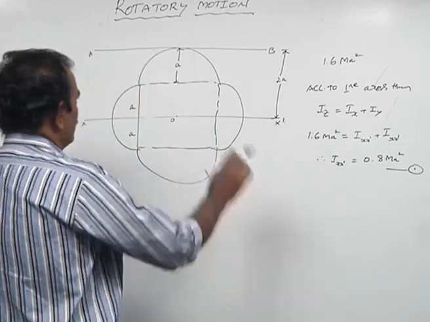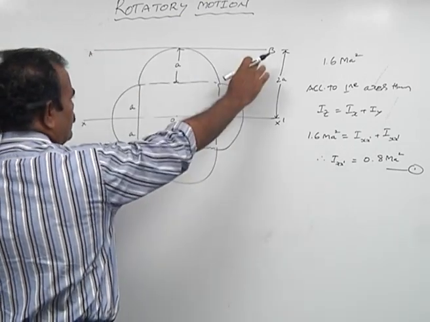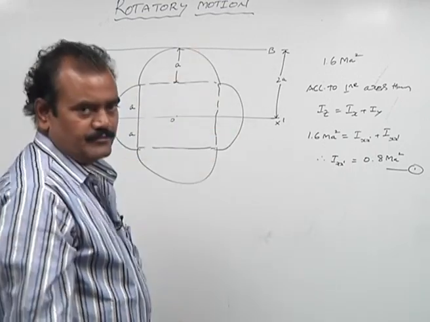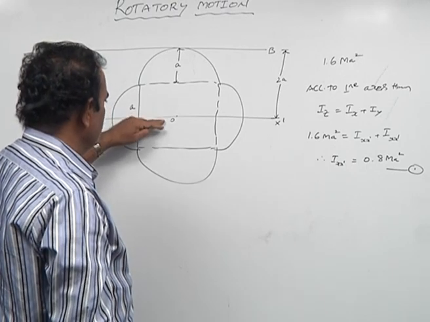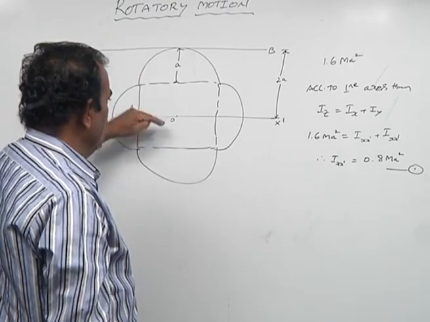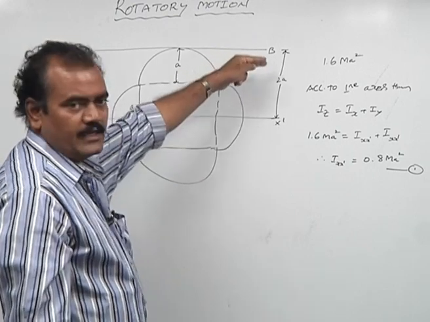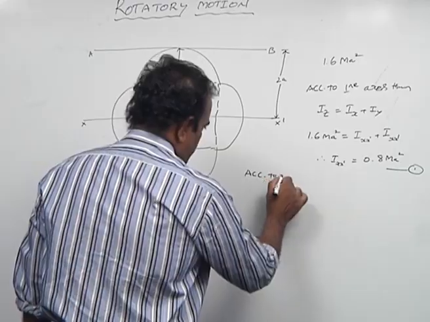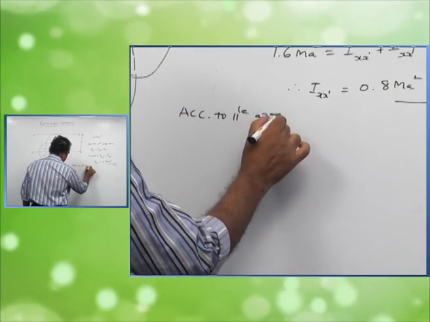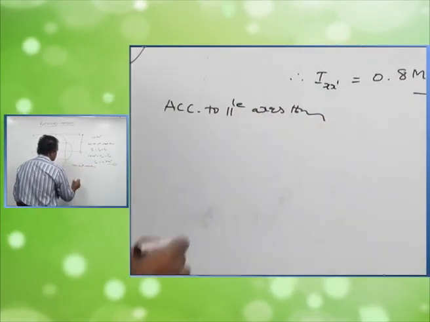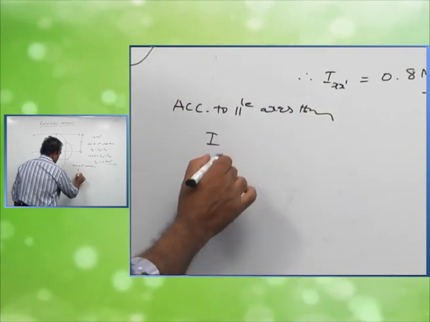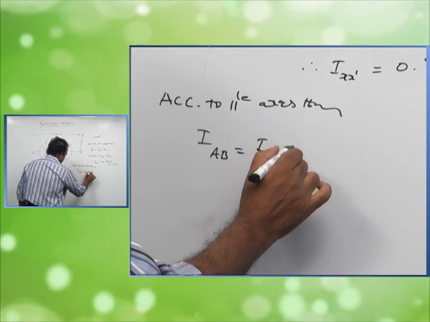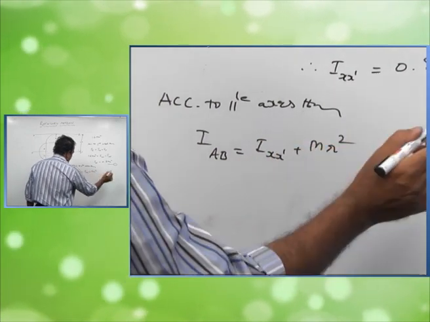After getting this, your target is to find out the moment of inertia about the tangent AB, and for that you apply the parallel axis theorem, because the two axes are parallel to each other, separated by a distance of 2a. According to the parallel axis theorem, IAB is equal to Ixx dash plus Mr square.